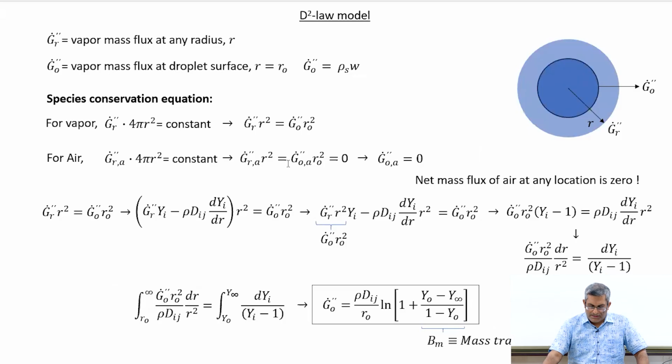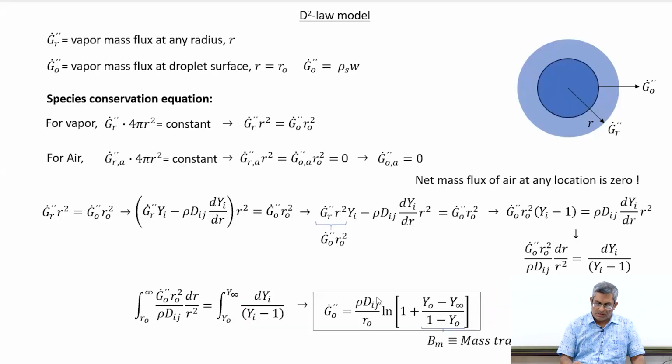By solving this equation, we get an expression for the vapor mass flux at the surface of a droplet, which depends on the physical properties including the density and the diffusion coefficient of the mixture, and this transfer number Bm, which essentially refers to the gradient in the vapor concentration, which is responsible for the droplet evaporation process.